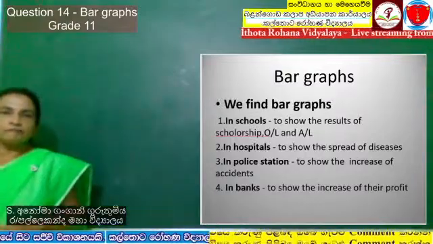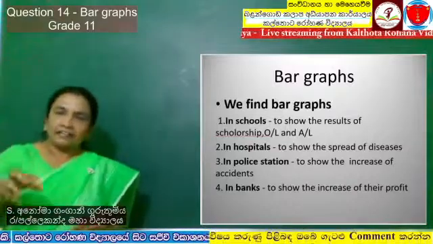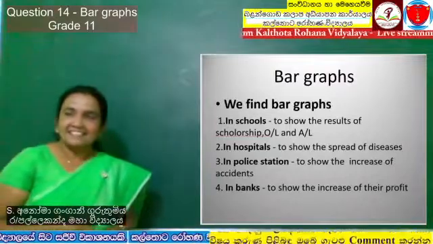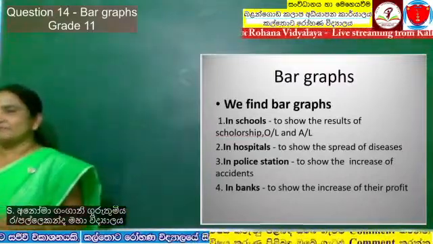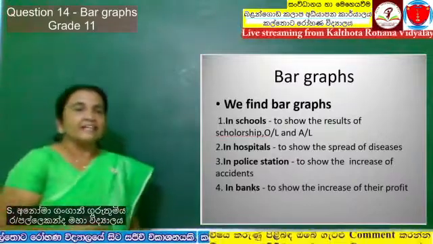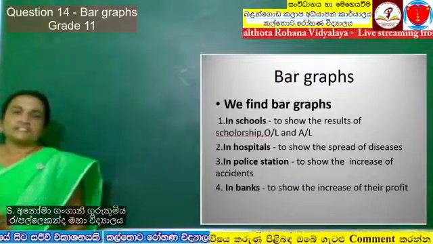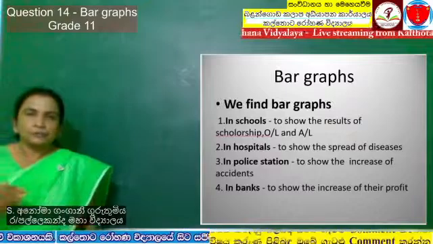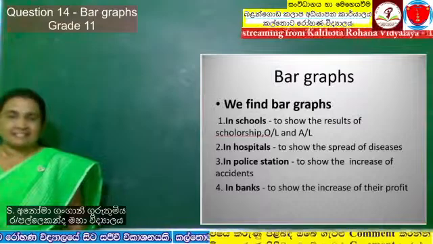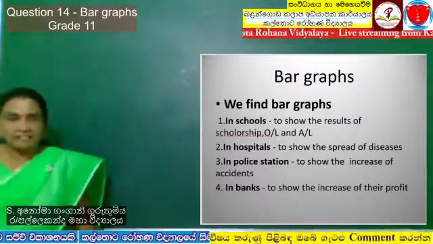We find bar graphs in so many places in your day-to-day life. Can you tell me the places, please? Yes, in schools, in hospitals, in police stations, in banks. In schools, to show the results of scholarship, O-level and A-level examinations, going up or down.